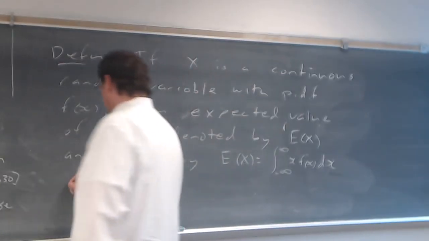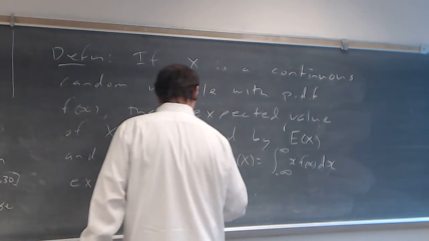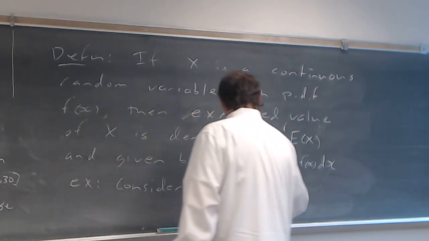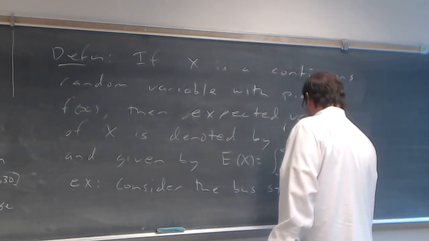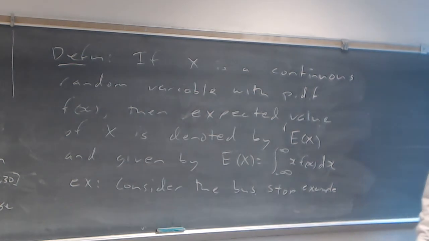As an example, consider the bus stop example, where the person will show up at random, every time equally likely between 5 and 5:30, and x is the amount of time after 5 that they show up. So when I say that, I mean x could be any time, like 1.333333, or the square root of 2, that number of minutes after 5 o'clock.